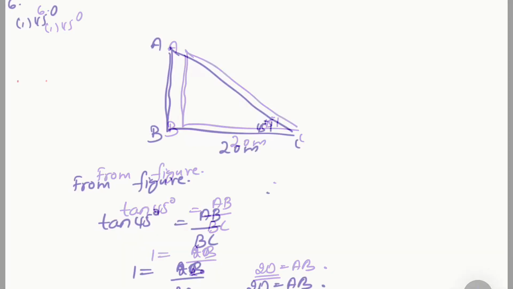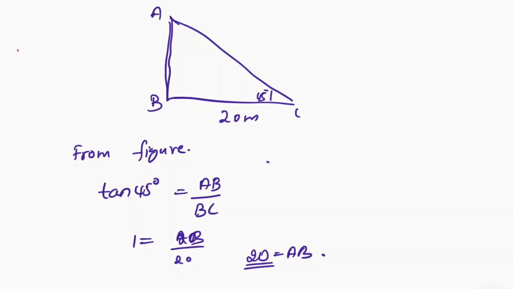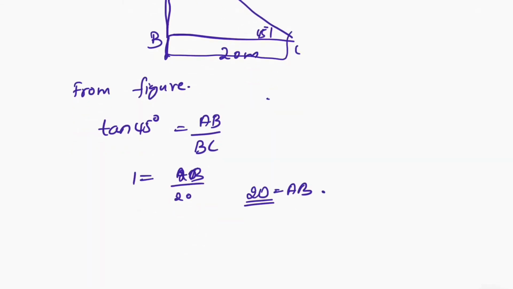Height of the tower is 20, but you have one more thing left here, right? A boy is standing there. So what is the height of the boy? Height of the tower will be equal to 20 plus the height of the boy, that is 1.6, that is equal to 21.6 meters.